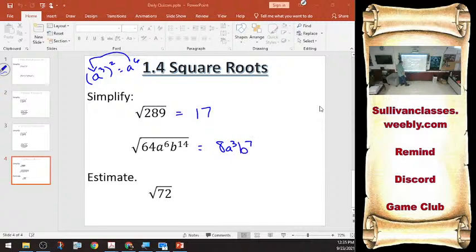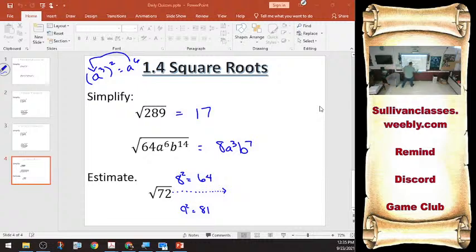Now 72. I go to my perfect square list and I see, well, 8 squared is 64. 9 squared is 81. 72 is somewhere in between them. Is 72 closer to 64 or 81? 64.